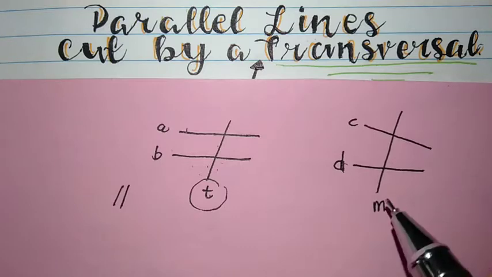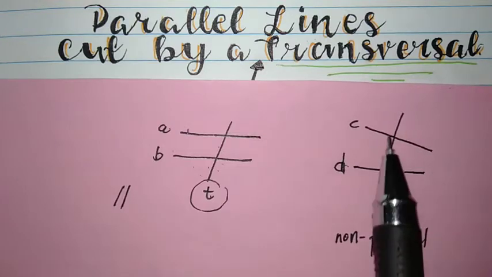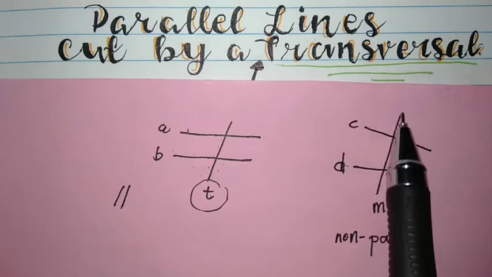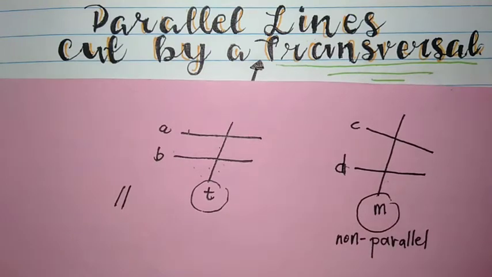That's why, ito yung tinatawag nating non-parallel lines cut by a transversal. Line C and D are intersected by line M. Therefore, line M is a transversal of C and D. So, ganun lamang kasimple ang parallel lines and transversal line.